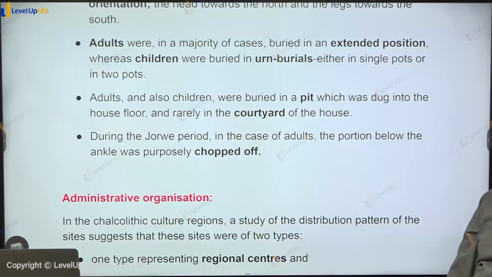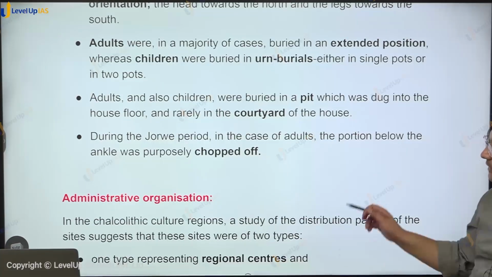People wanted to keep their loved ones close to them so that they can be close at least in spirit, even if not in form, after the death of their loved ones, right? What does this tell us about the religion of the people? That from being materialistic, it was becoming more and more philosophical now. Ideas such as soul, the afterlife, etc., they were starting to gain prominence in the consciousness of the Chalcolithic people.